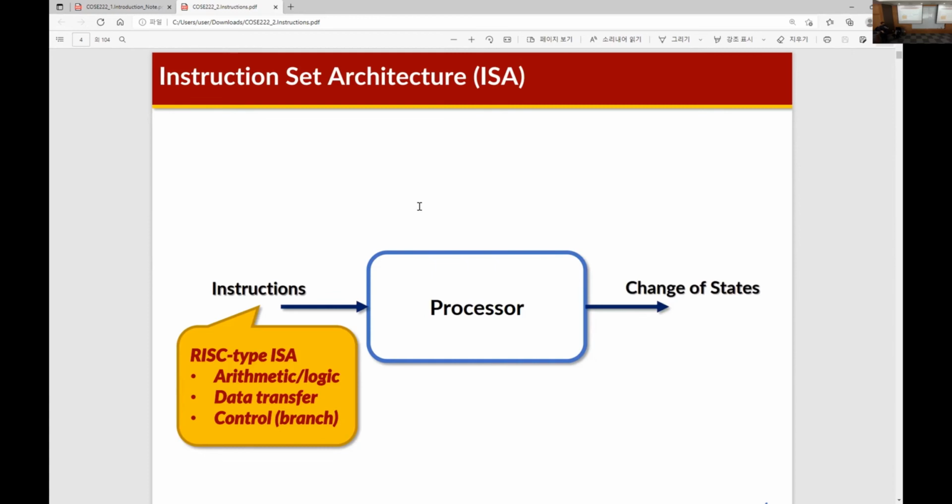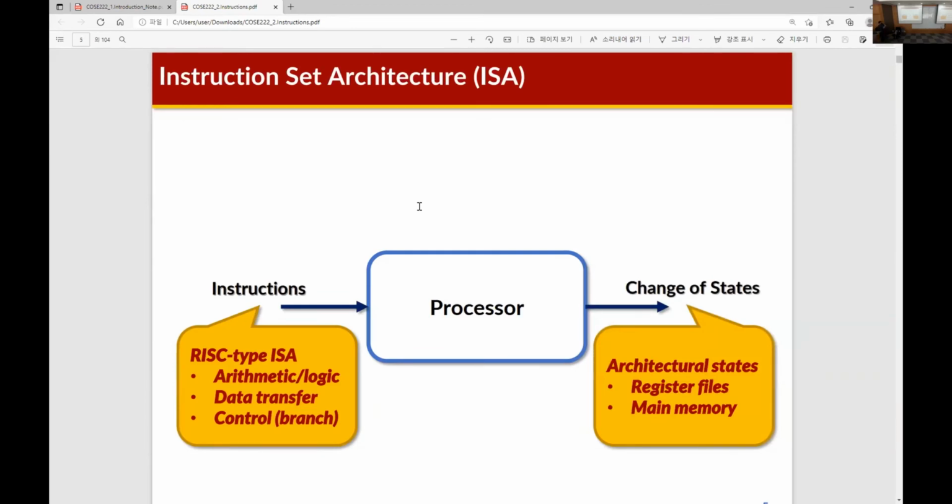And then control instructions. In high-level language code, we frequently use if-then-else. That is called the conditional statement. This conditional statement is implemented using control instructions. So the instruction set architecture includes different kinds of instructions, and these instructions are given to the processor, and the processor generates a result.